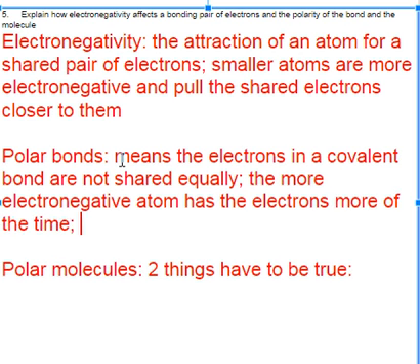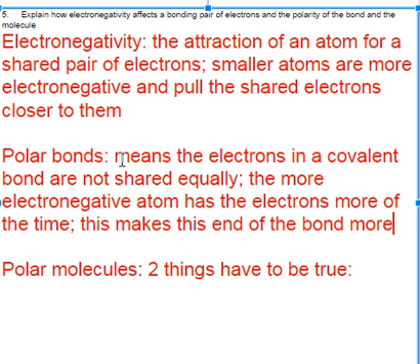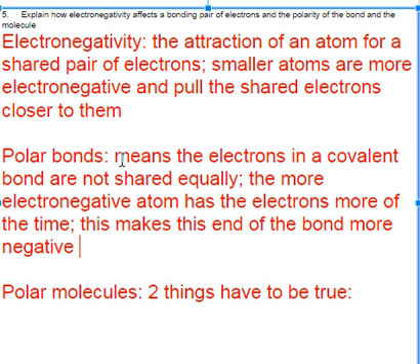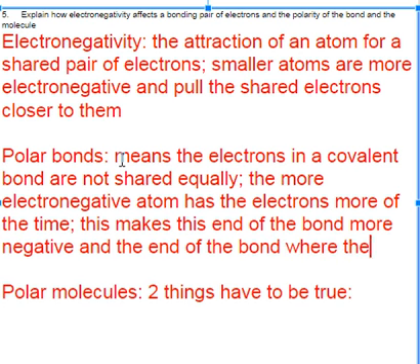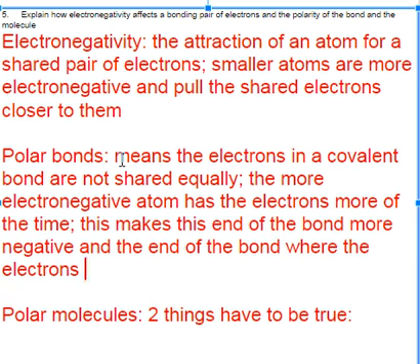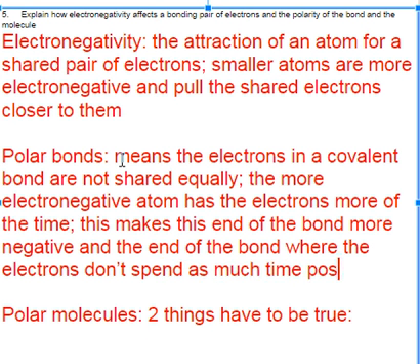That means that end, this makes this end of the bond more negative, and the end of the bond where the electrons don't spend as much time, positive.